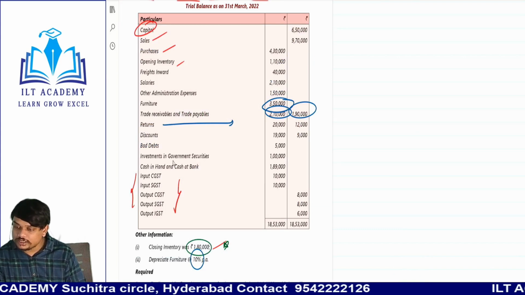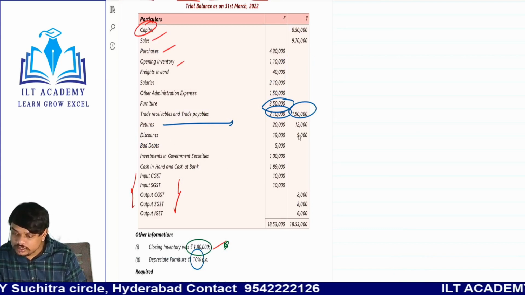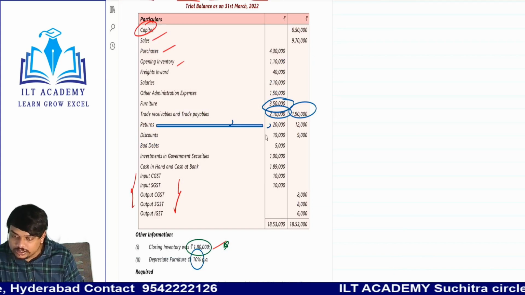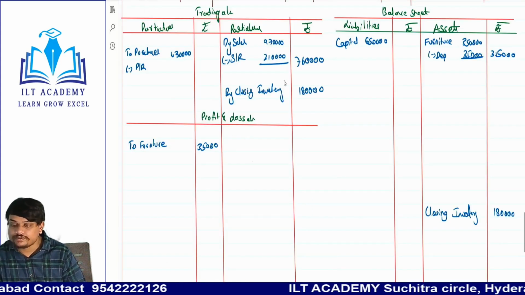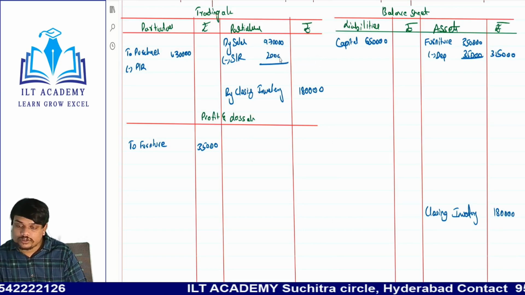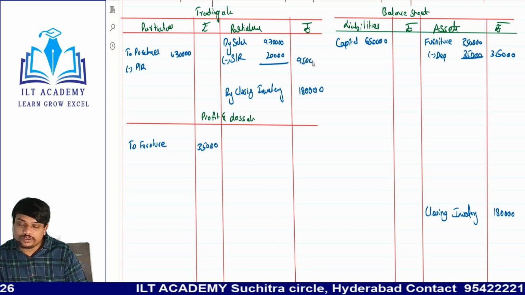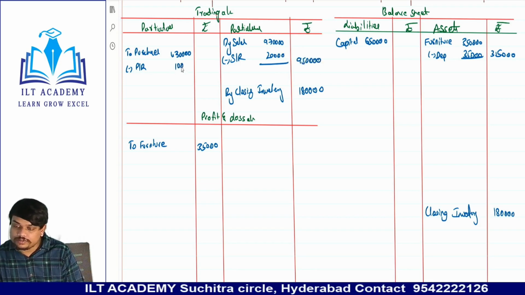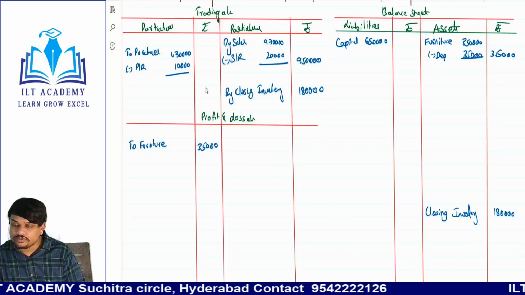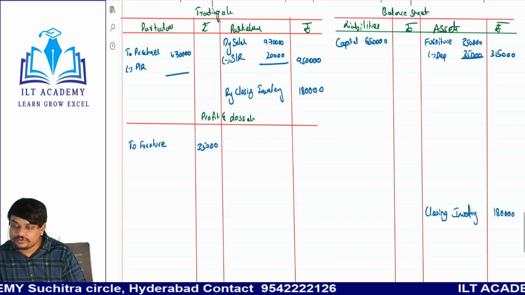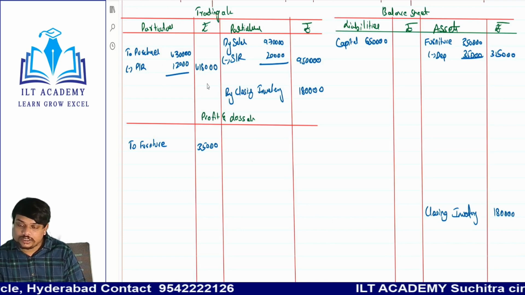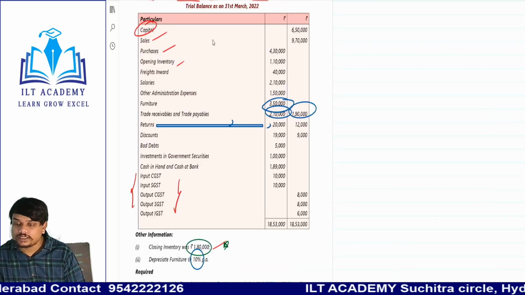Purchase returns, which are 20,000 and 12,000. Perfect. Next sales are done.